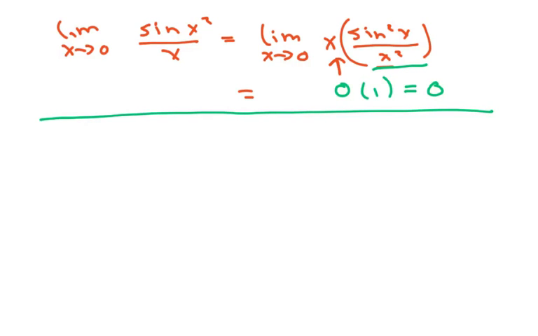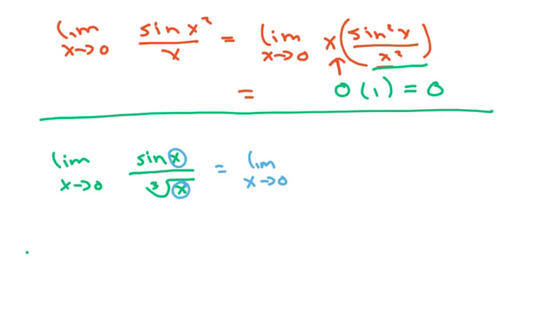Okay, and the next one we have is the limit as x approaches 0 of sine of x over cube root of x. So I want these two x's to be the same. So I'm going to rewrite this as the limit as x approaches 0 of sine of x over x.